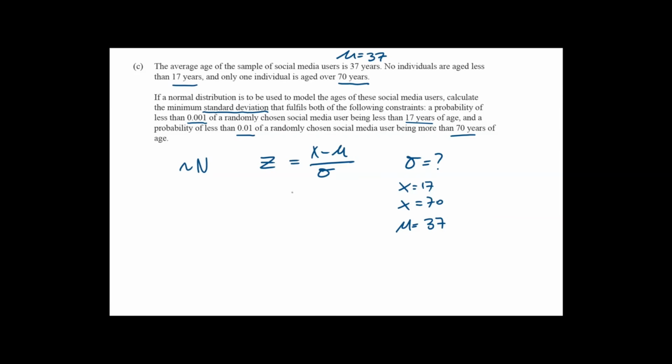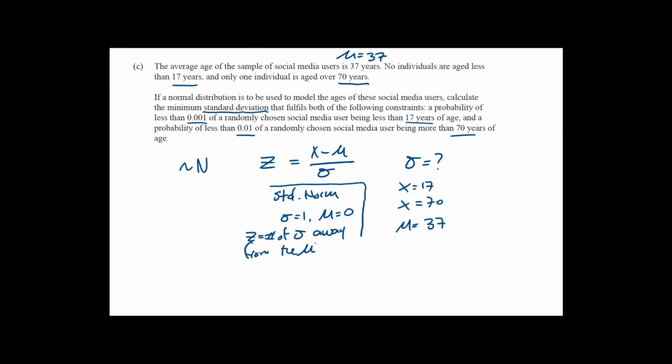A Z-score, remember, belongs to the standard normal distribution. In the standard normal distribution, the standard deviation is 1 and mu is 0. And z is equal to the number of standard deviations away from the mean.